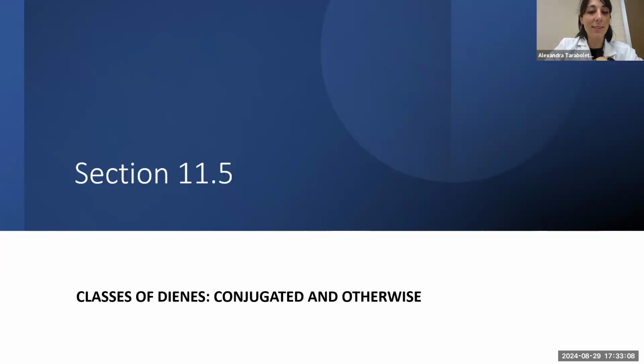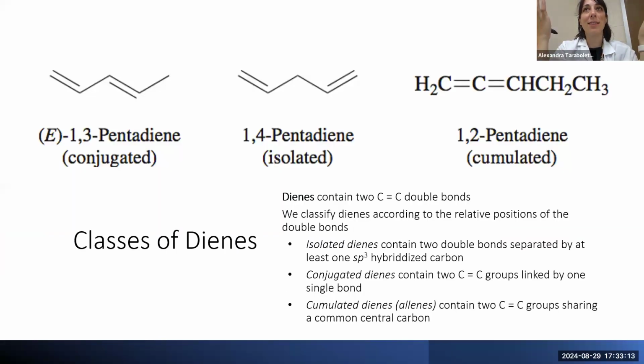A diene, as you maybe can guess by the name, is just di for 2, and then ene, remember, ene means double bond, right? So this is just a scenario where you have 2 double bonds. Of course, if you had 3 double bonds, it would be triene, et cetera. We're just saying 2 double bonds.